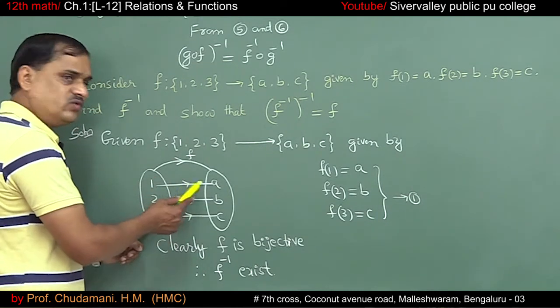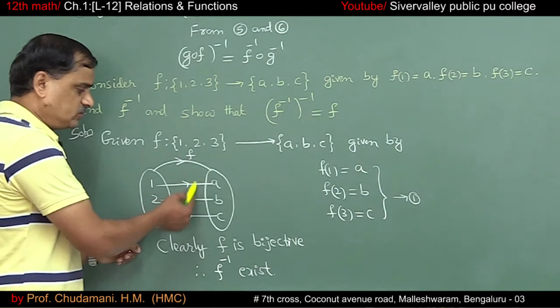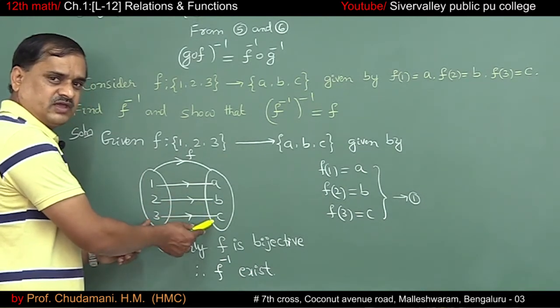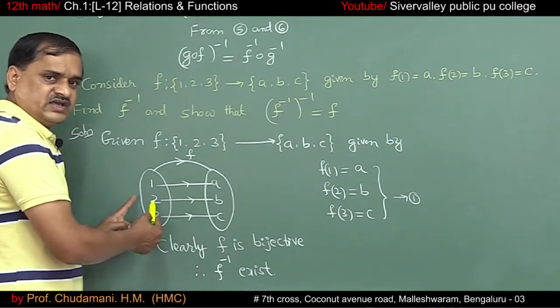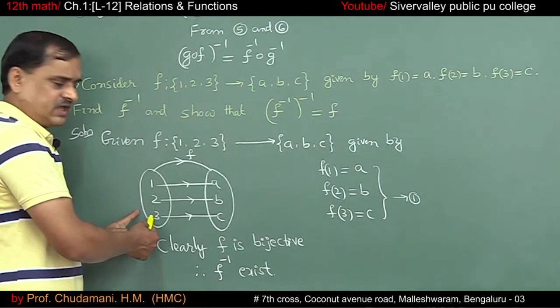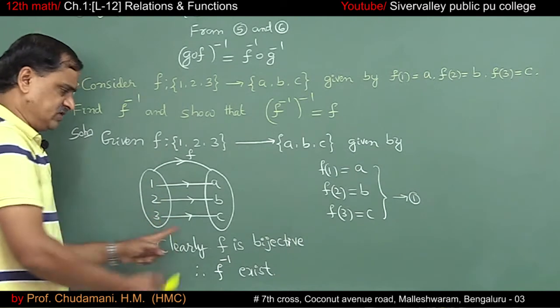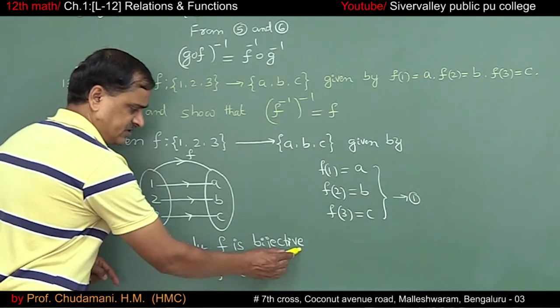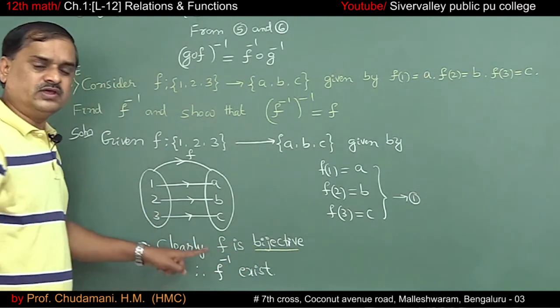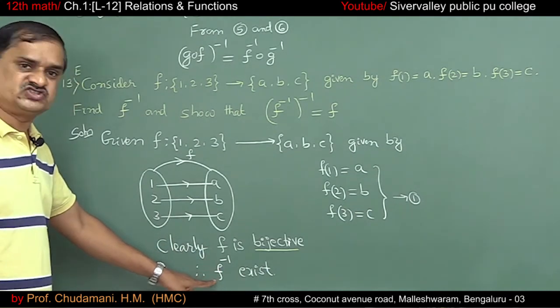Clearly it is a 1-1 function. And of course every element of the set B has at least one pre-image from the set A. That's why it is onto also. F is both 1-1 and onto, which means it is a bijective function. As it is bijective, inverse of F exists.